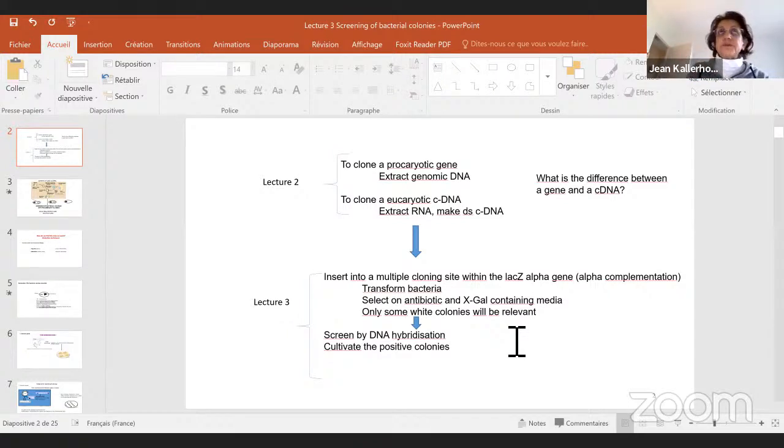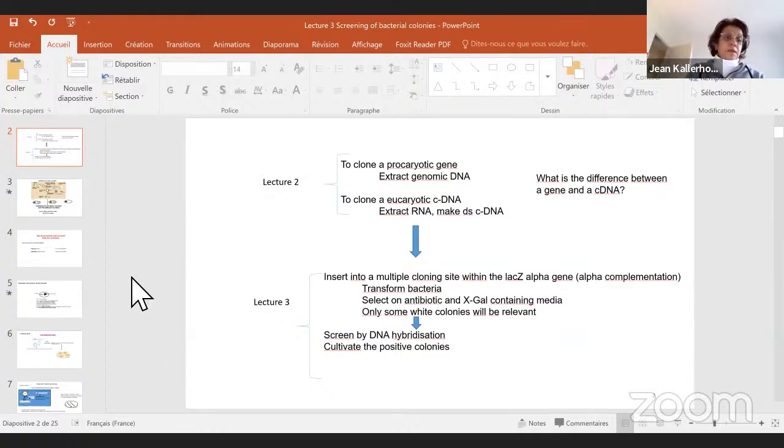But of course, once you have all those thousands of colonies of bacteria, you need to know what to do with them. You have to identify them, and therefore you need tools to identify this. To this end, there are 2 tools: color and antibiotic selection.